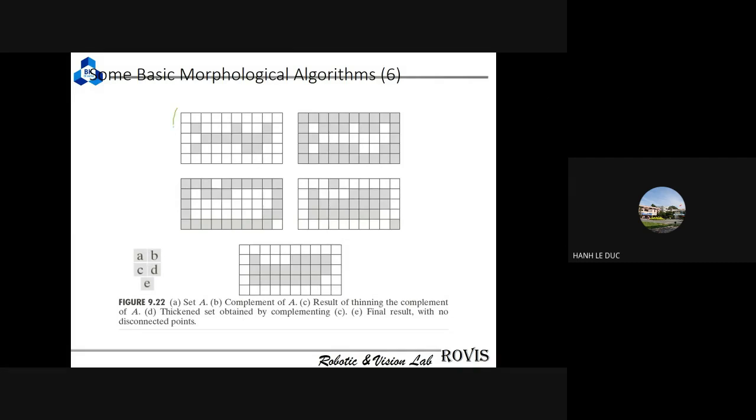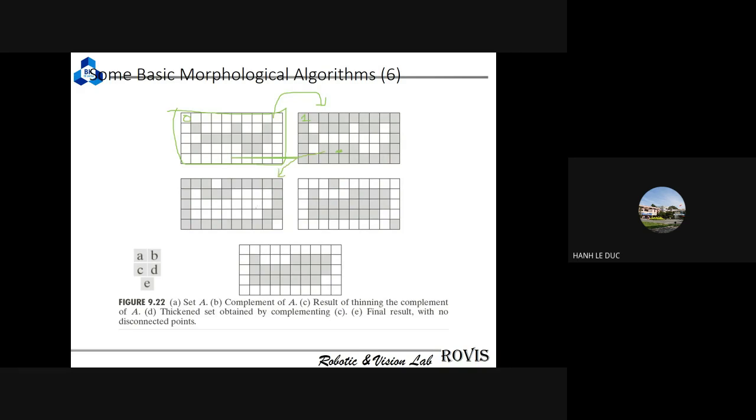For example, you have to thicken this one. So what did they do? They complement, so 0 becomes 1. And then they thin this one.